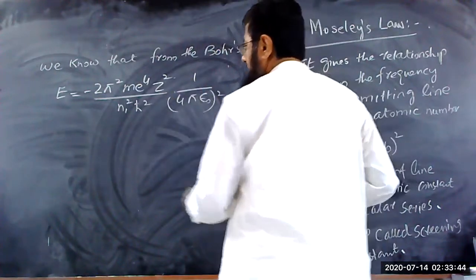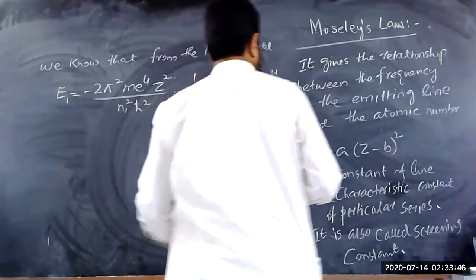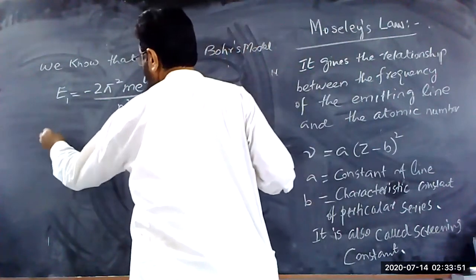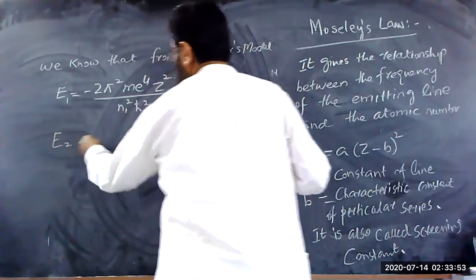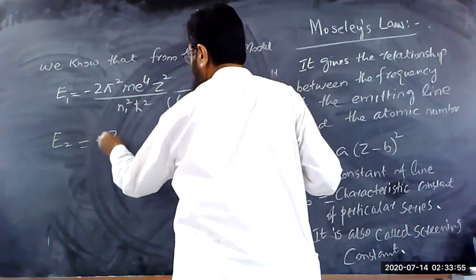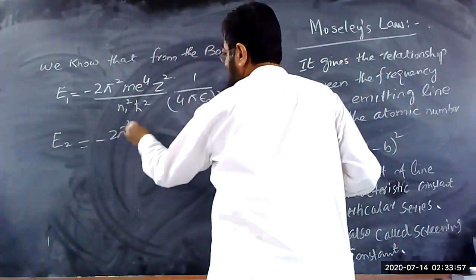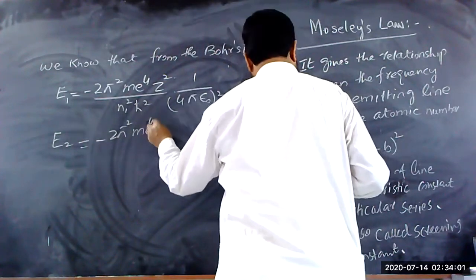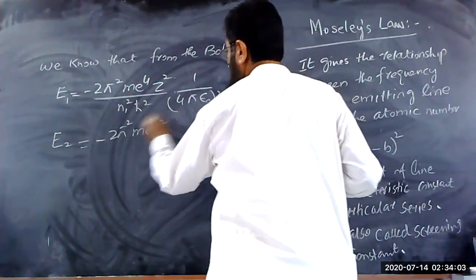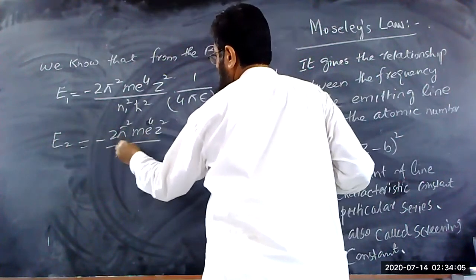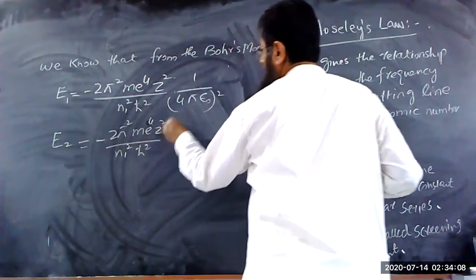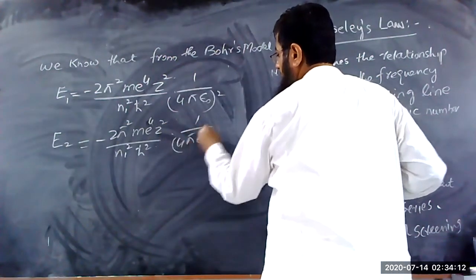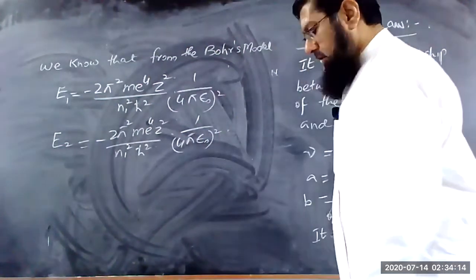This is the energy of the first level. Similarly, the energy of the second level, E2, is equal to the same expression, minus 2 pi square m e raised to power 4 Z square upon n2 square h cut square into 1 upon 4 pi epsilon naught whole square. This is Bohr's model.